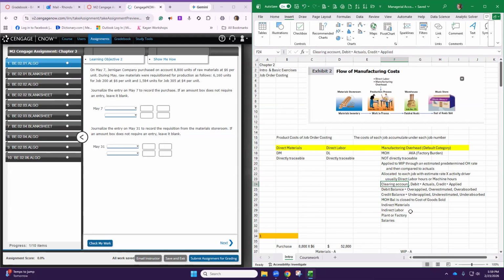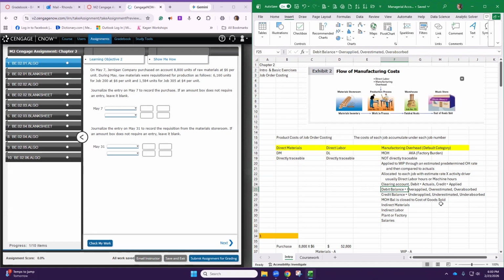Okay, please remember that the T account, while it does have debits and credits, acts as what's called a clearing account. So if you're not used to that, that's okay. So a debit in the manufacturing overhead account is for actuals and the credit is for applied.